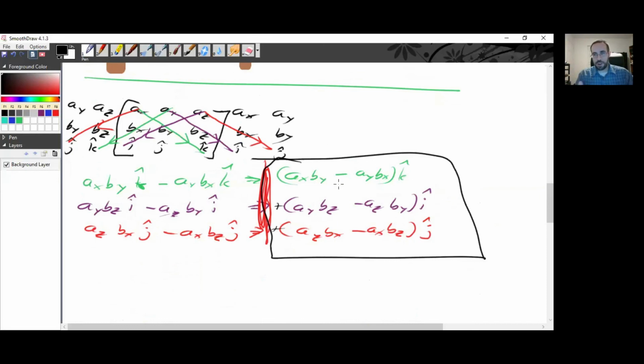But this is hard to memorize, so if you ever forget, you can go back to the matrix, you can go back to the right-hand rule, and you can remember the sequence X, Y, Z, X, Y, gets you positive stuff, or just the result that you would get if you multiply the two components by each other. And if you go in the reverse order, so Z, Y, X, Z, Y, you get the opposite of what you would expect based on the values of the two components.